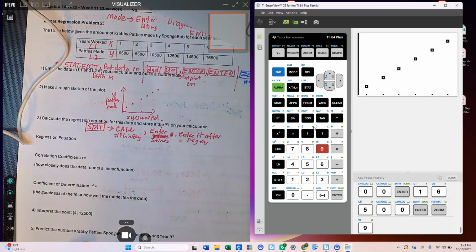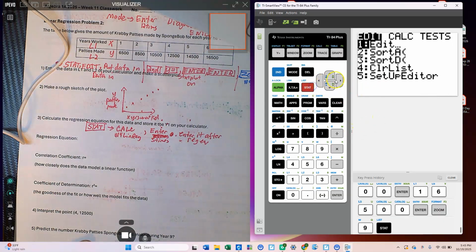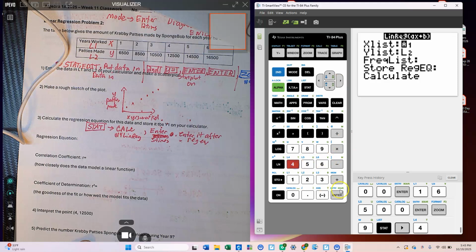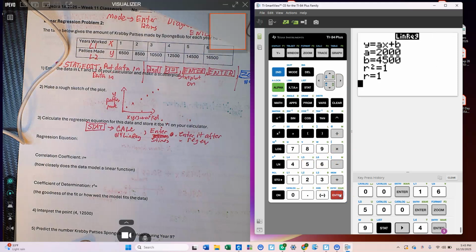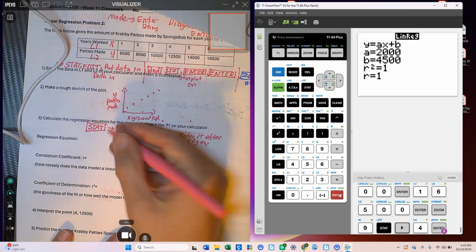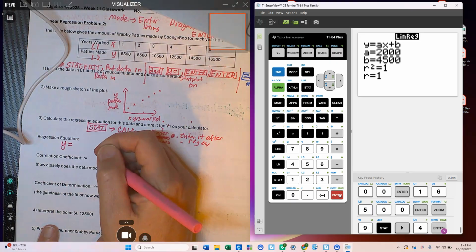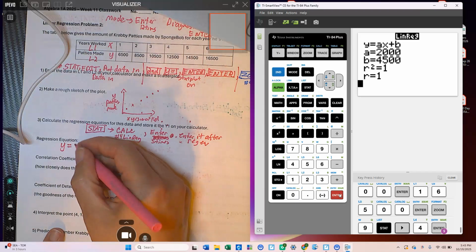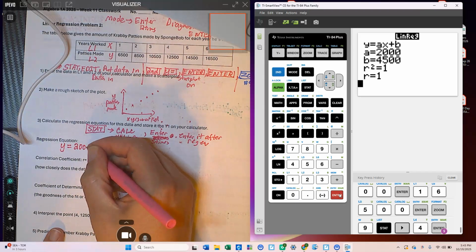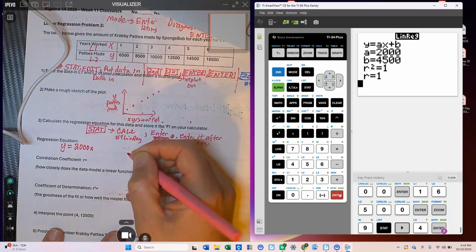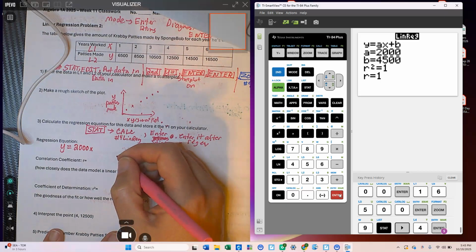Okay, the other way to do this is, go stat, write the calc 4, and just press enter and get that regression equation, which is perfect. So you're making 2,000 Krabby Patties per year.